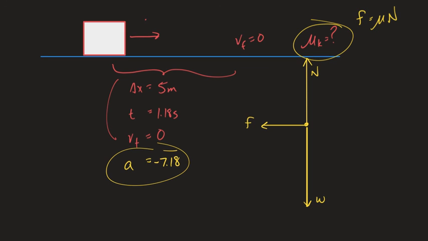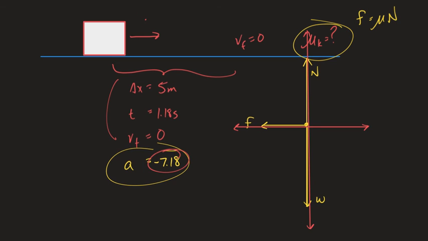I'm going to apply a coordinate system that is lined up with the direction of the acceleration. Now the acceleration is negative. That means it's slowing down.